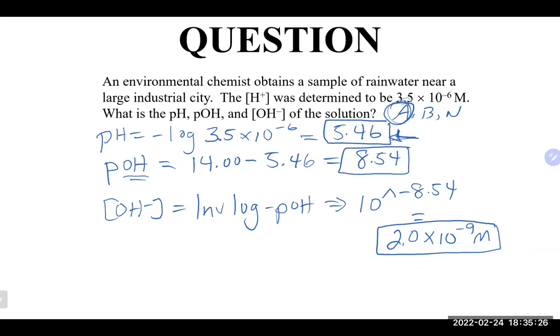What's up? Let me try this one more time here. We got minus 8.54. You got, what'd you get? 2 point times 10 to the minus 9? Okay.